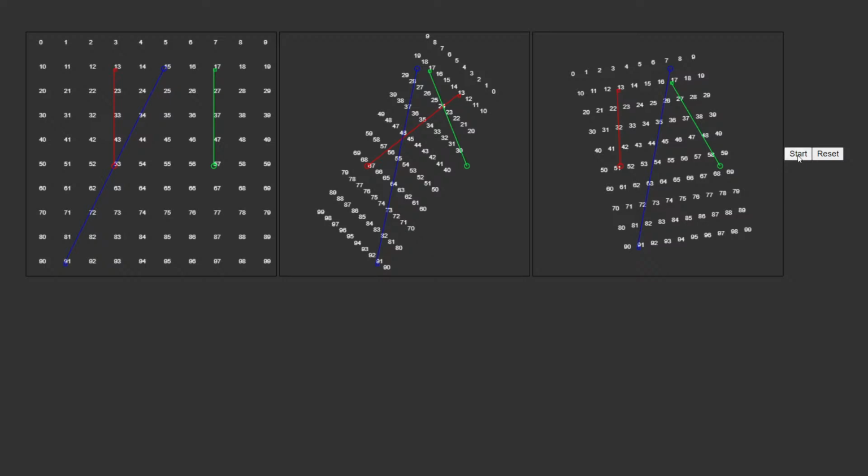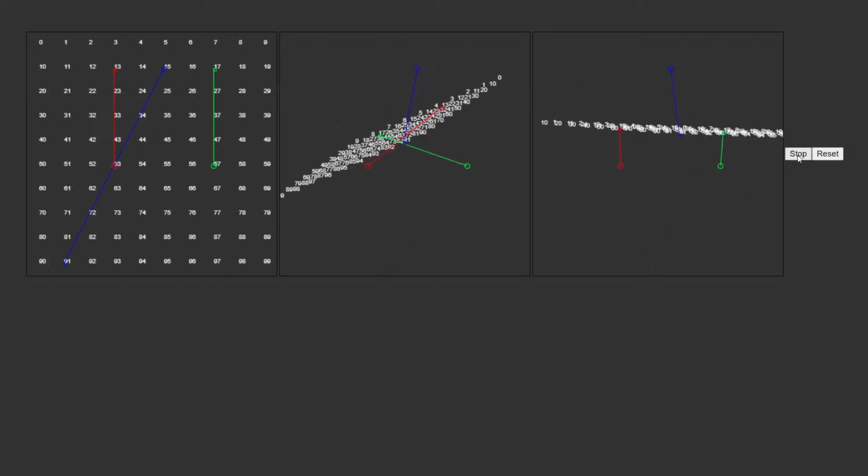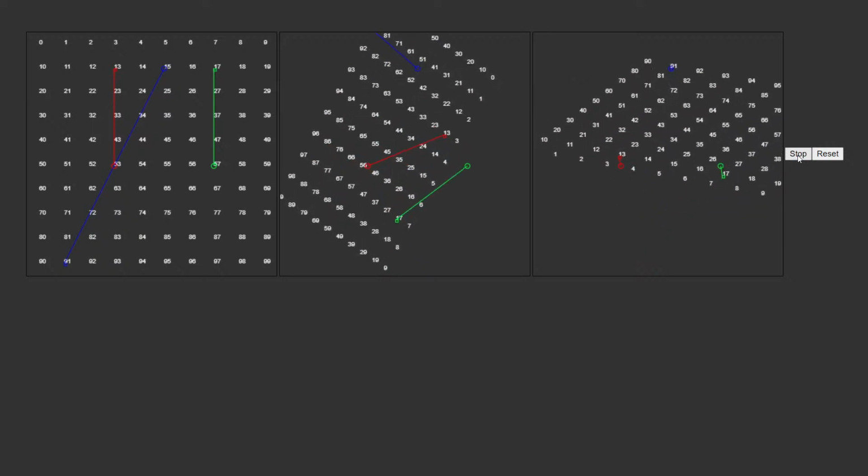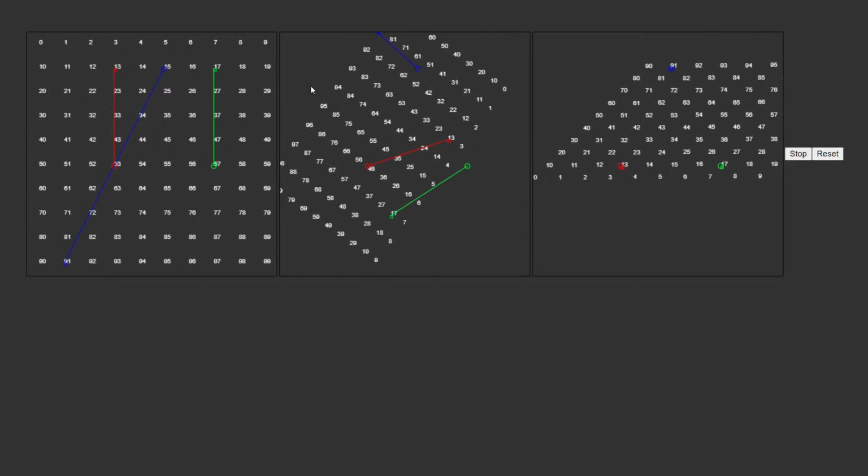Well, let me just run that so we can all understand the visualization. So this is saying point 17. Now the 17 is just the name. It's literally a two-dimensional point, but for the purposes of visualization, I've named it 17.